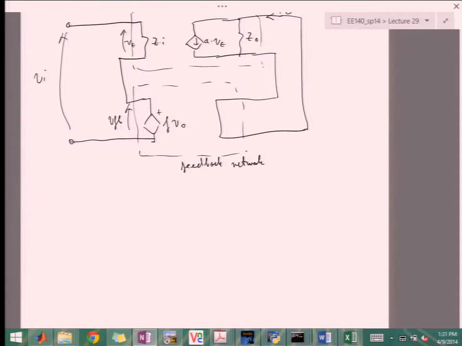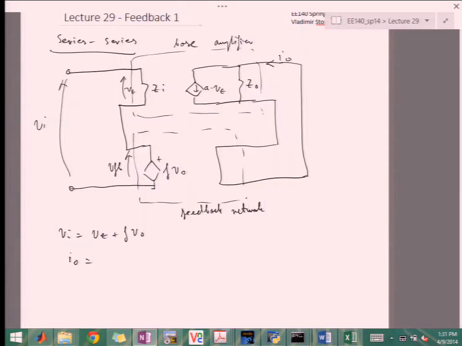So again, from here, the input is V error plus F times VO, which is the feedback. For I/O, we can write that it's directly A times VE, because there's no current through Z naught.